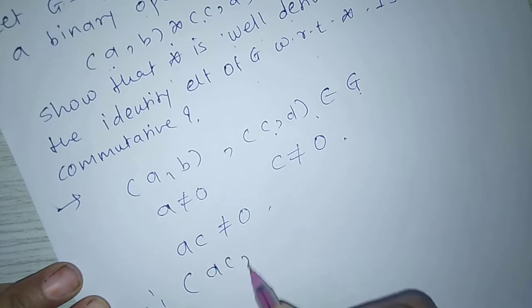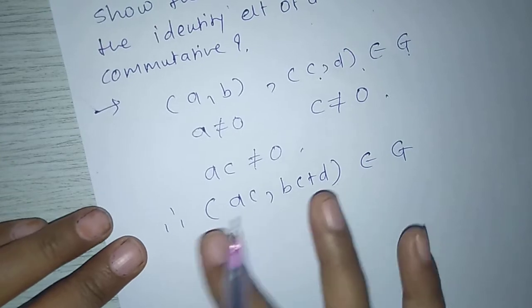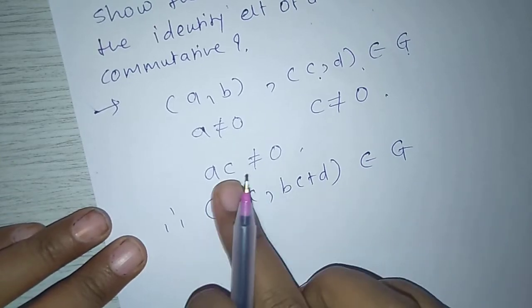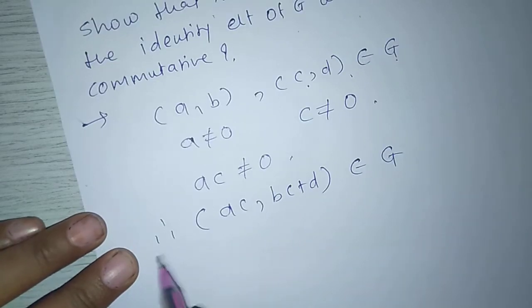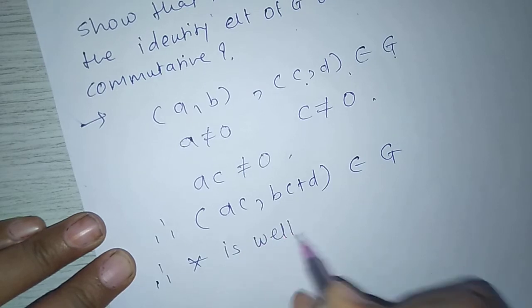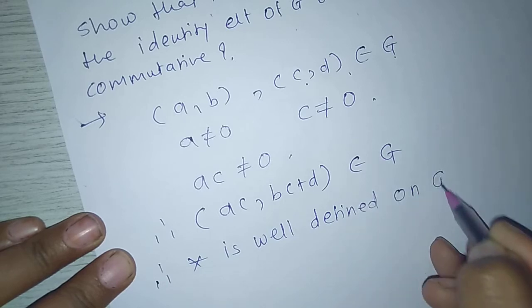Therefore, (ac, bc + d) belongs to G, because the first entry of this bracket, ac, is not equal to 0. That's why this also belongs to G. Therefore, star is well defined on G.